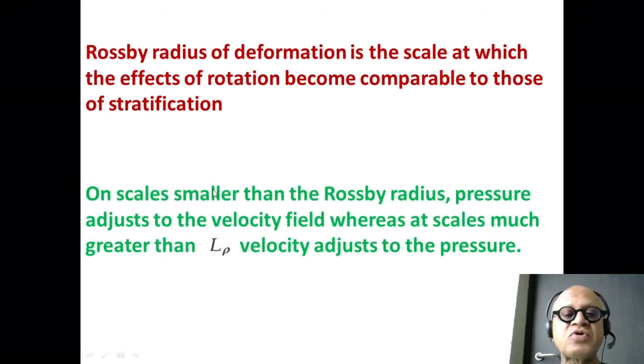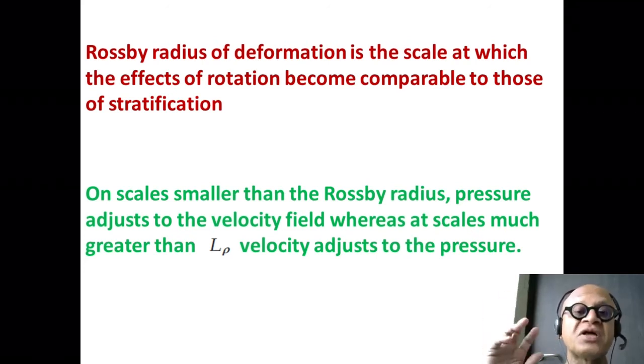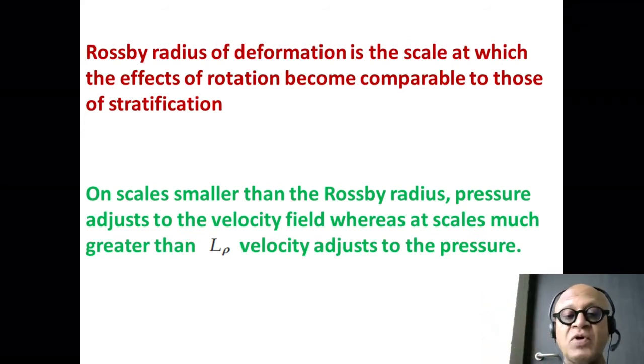This matters in the real world because on scales smaller than the Rossby radius, smaller than where the rotational effects and stratification effects are balancing, the pressure field tends to adjust to the velocity field. This is like a perturbation coming in, so you can think of the pressure field as a mass field in the atmosphere because of the hydrostatic balance, and the velocity field could be a warm front coming in, a cold front coming in, or a hurricane or whatever, right?